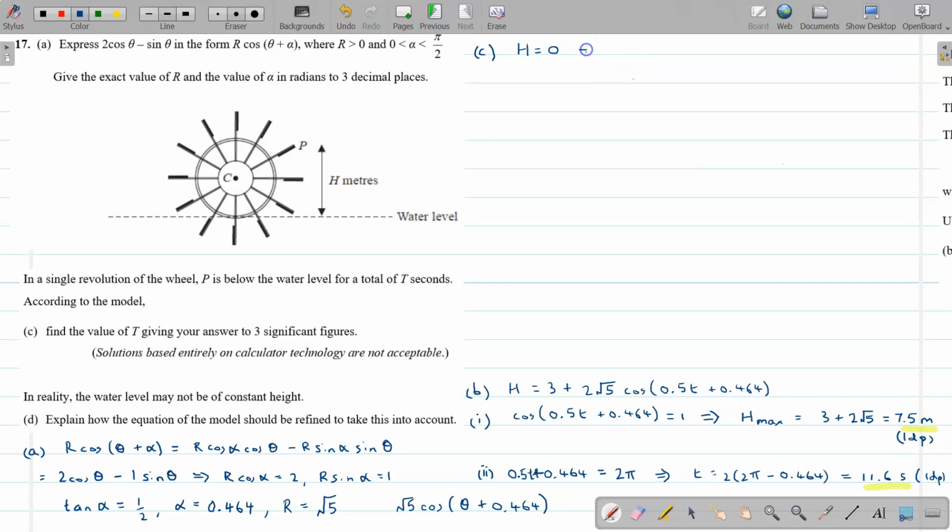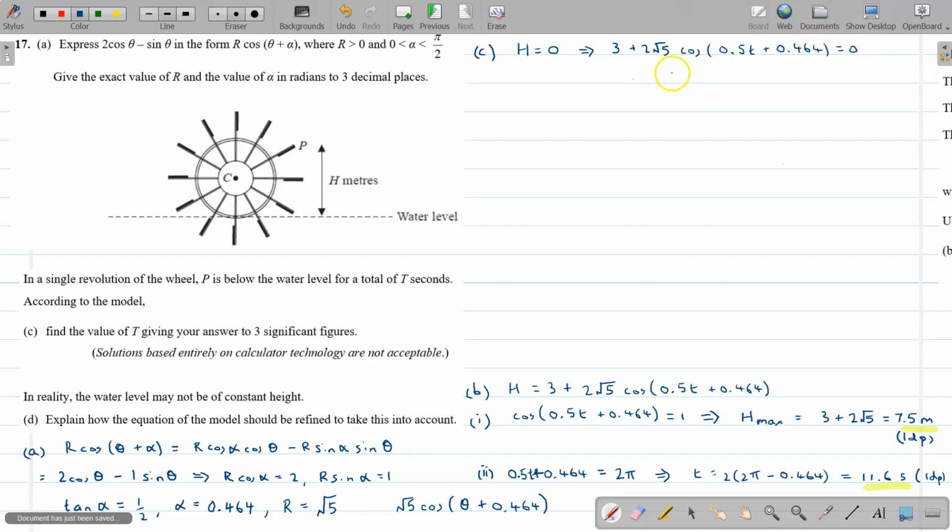So that implies that 3 plus 2 root 5, times the cos of 0.5t plus 0.464 equals 0.